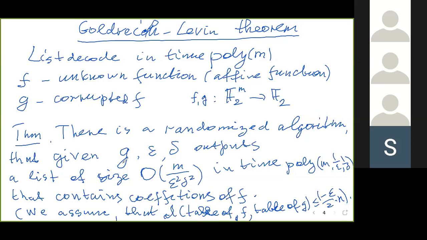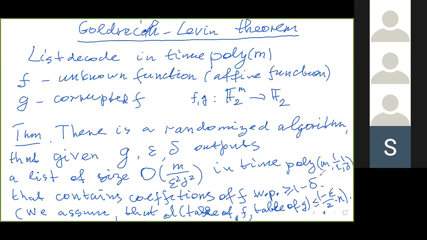So whatever g with that property the algorithm receives as its first input, the guarantee is that the list will contain coefficients of f, and I forgot to say, with probability at least 1 minus delta.